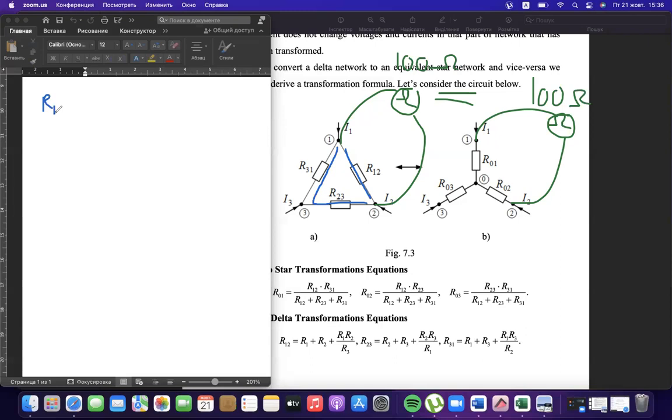It will be R12 multiplied by R31 plus R23, and divided by R12 plus R31 plus R23. The formula of parallel connection.